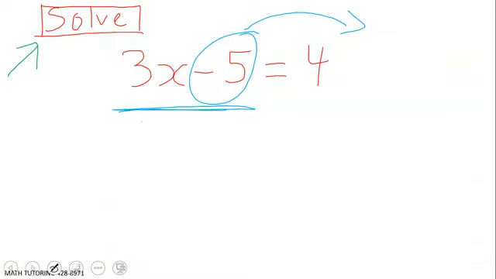So we are left with now 3x equals 4. Now we send the 5 over. So now that negative sign is going to be a positive, so it'll be plus 5.